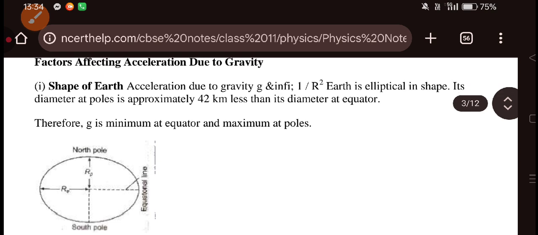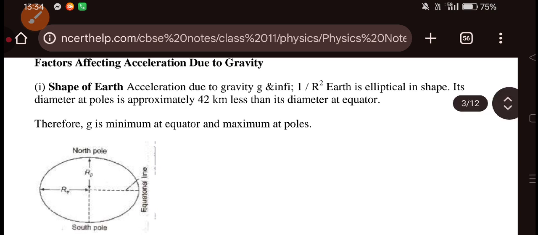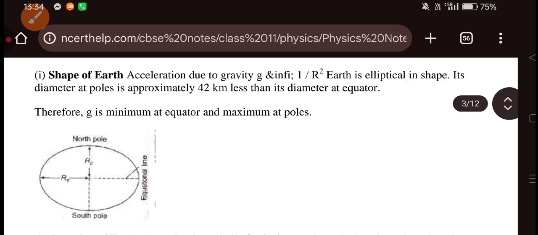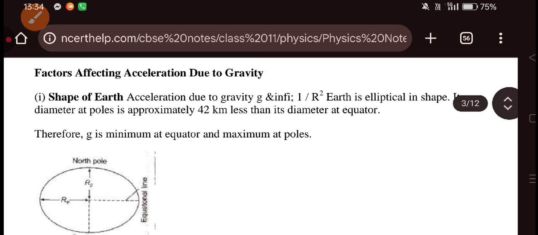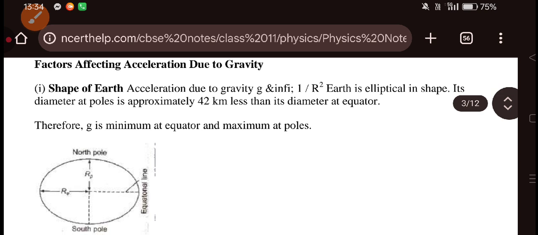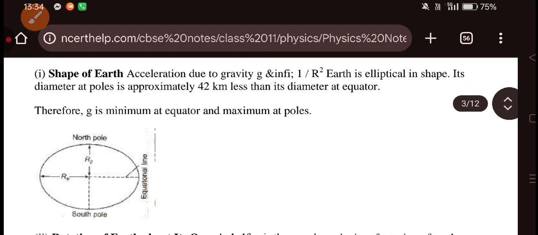Earth is elliptical in shape, and its diameter at the poles is approximately 42 kilometer less than its diameter at the equator. Therefore, g is minimum at the equator and maximum at the poles.